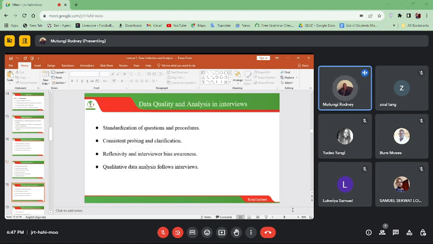For you to make sure that you collect data of good quality, you need to make sure that the questions you have are standardized, or they align with the research objectives and questions. And then there should be probing, like I said.